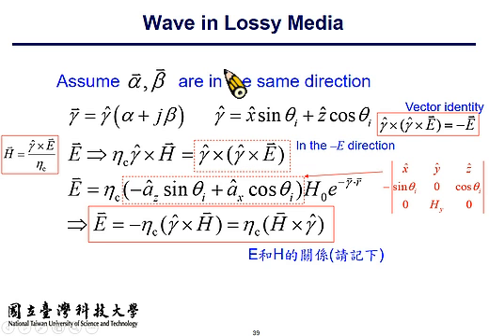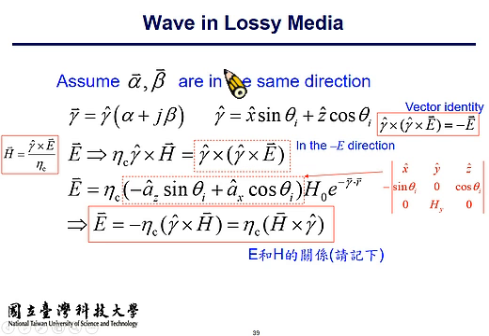So here we have, this is the propagation constant. This is the unit vector of the propagation constant, okay? So this part is the magnitude. This part is only the description of direction, all right?